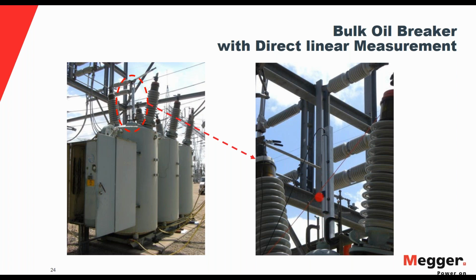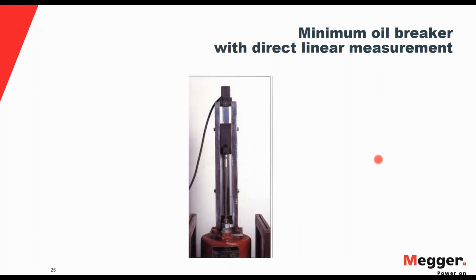This is a small arm here, and it will measure it going up or down, the open and close operation. Another picture, this is for a minimum oil breaker, as well for a linear measurement transducer.